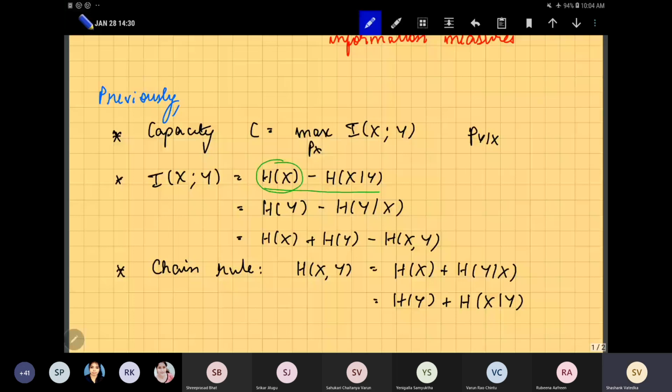So H(X|Y) is the residual uncertainty in X given Y. And the amount of information that you get about X having observed Y is equal to the difference in the uncertainty about X minus the uncertainty that is still left over after observing Y. So that's the amount of useful information you can get about X from Y. And that is also operationally true in the sense that you can design a channel code such that you can operate at a rate I(X;Y) and still achieve a vanishingly small probability of error.